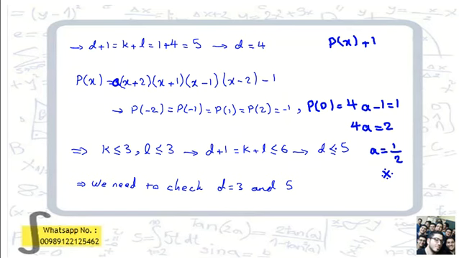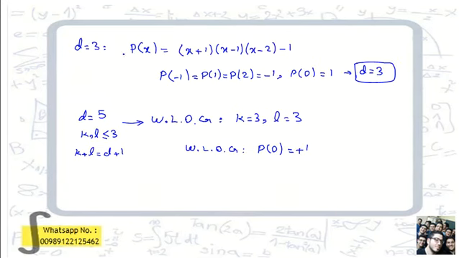For d equals 2 also we found an answer. We reached contradiction for when d equals 4, so 1 was true, 2 was true, and here we said that we need to check for 1 to 5, and 4 was bad, so the only d that we need to check is 3 and 5. So let's check 3 and 5.